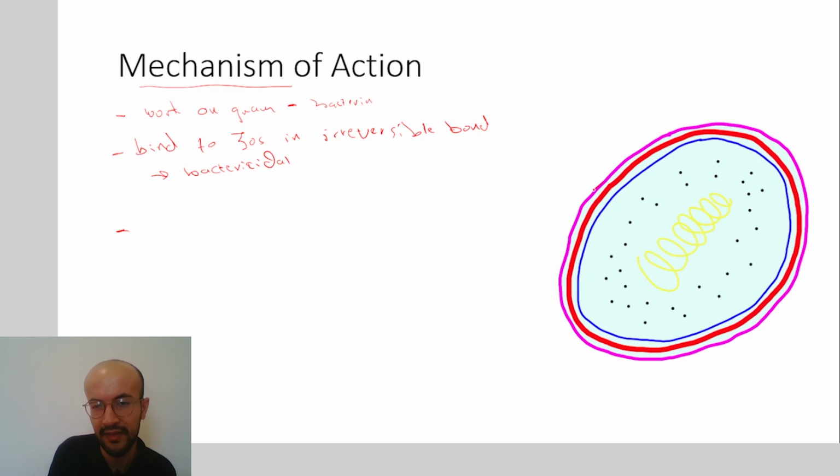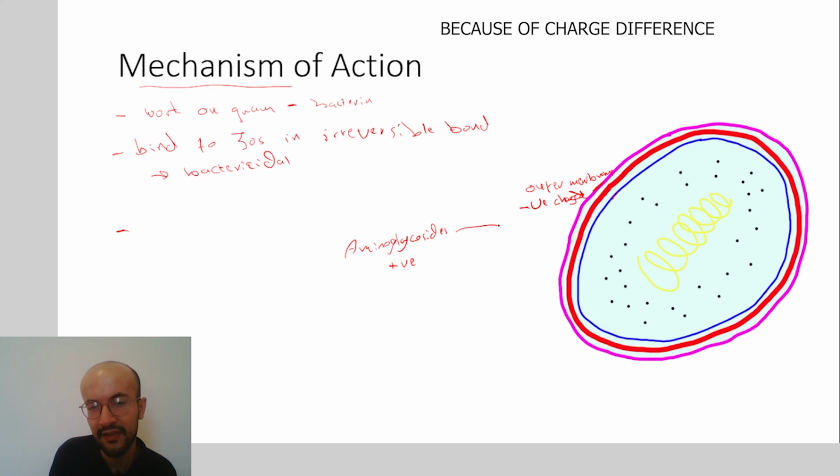Normally the outer membrane is negatively charged, and the aminoglycosides are positively charged, so they go and stick to the outer membrane.